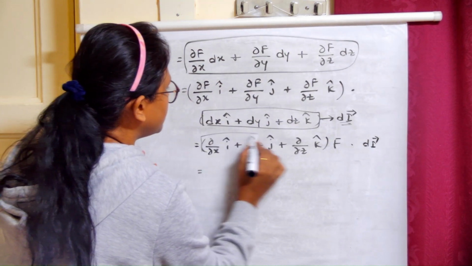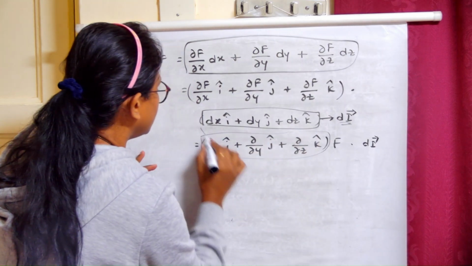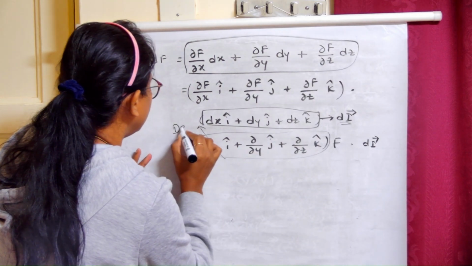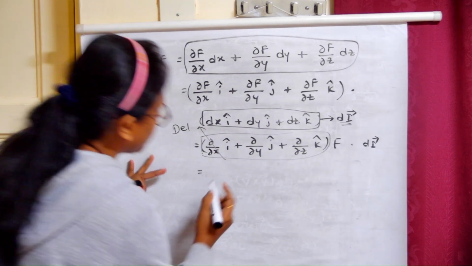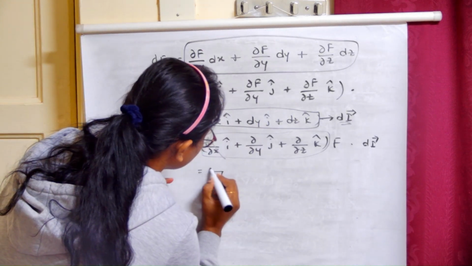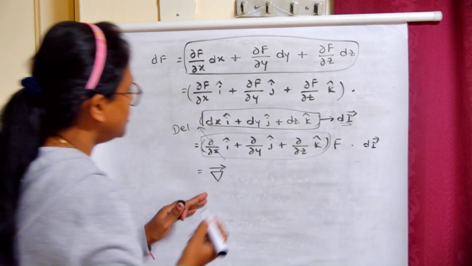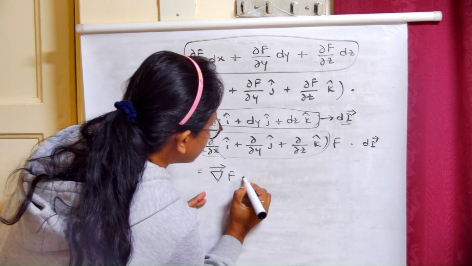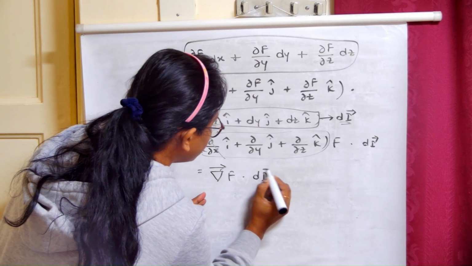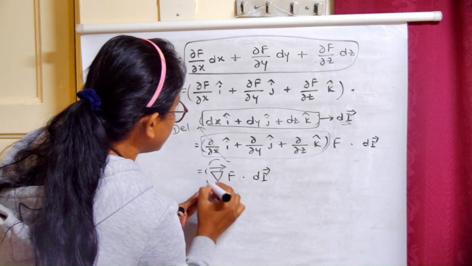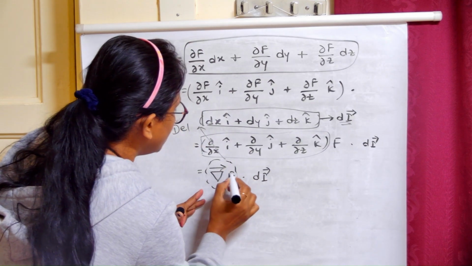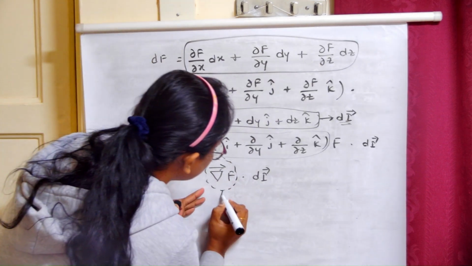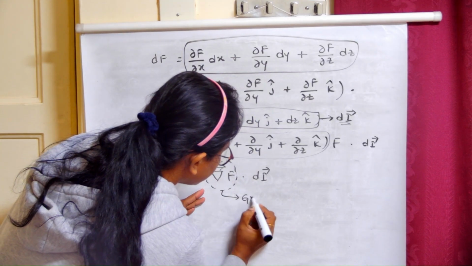This term is nothing but del operator. As this is in vectorial form, we can represent it as del bar f dot d l bar. This whole term, that means del operator acting upon the scalar function f, together is called gradient.